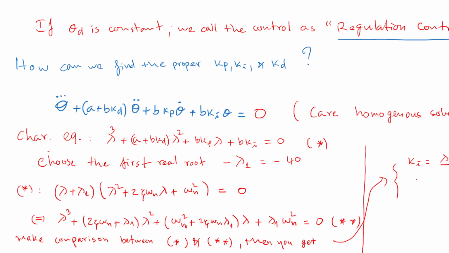Kp is omega n square plus 2 times zeta omega n lambda 1 over b, and then Kd equal to this term minus a over b: 2 zeta omega n plus lambda 1 minus a over b.